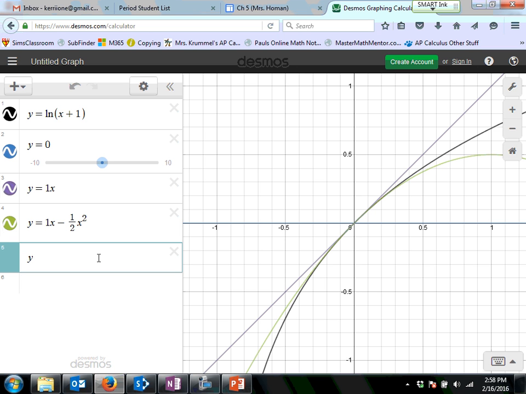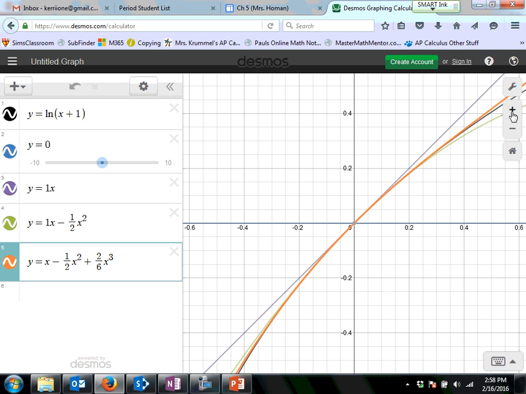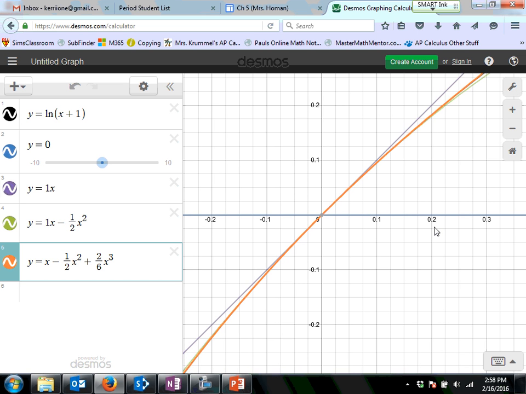So now y equals x minus 1/2 x squared, it was plus 2/6 x cubed, right? Okay, look at that orange, and the black one.